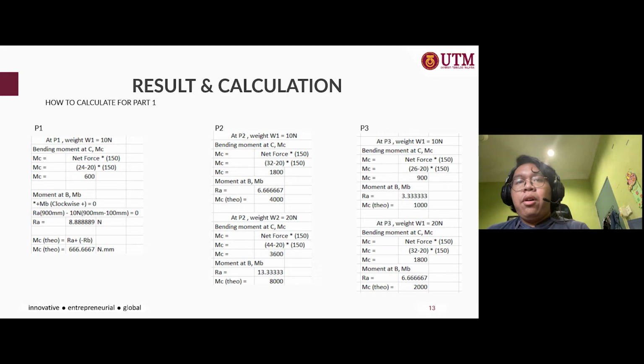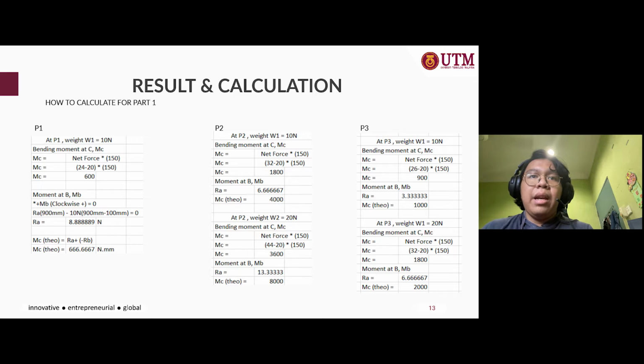So for us to actually calculate for part 1, when the value of weight 1 is 10, the bending moment at point C, which is MC, is equals to net force times 150. So from there we can get MC equals to 24 minus 20 times 150.